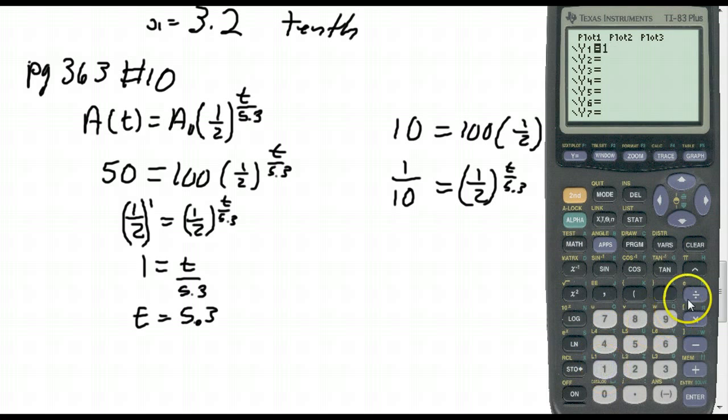Here I get 1 divided by 10, and in this one we get 1/2 to the power of x divided by 5.3. And let's just do zoom standard since I had the window way out before.